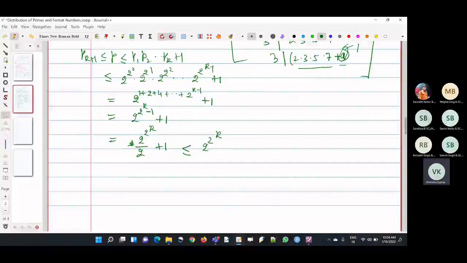Okay. Because here we are doing half of this number and adding 1 only. Fine. So this quantity will always be less than this quantity. Okay. So it means what?